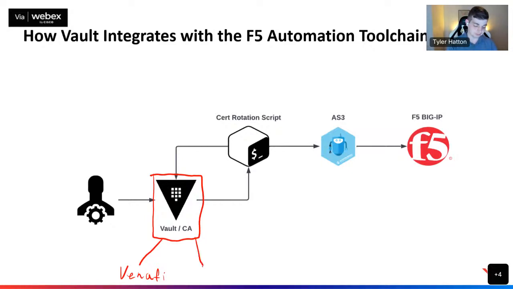Or the other one that's really cool is there's also an integration with Let's Encrypt. So I use Let's Encrypt certificates all the time for my different websites that I run. And that's just an easy, free way of getting certificates in an automated fashion. And again, Vault can orchestrate that process and store this in a centralized location. So just calling that out too.